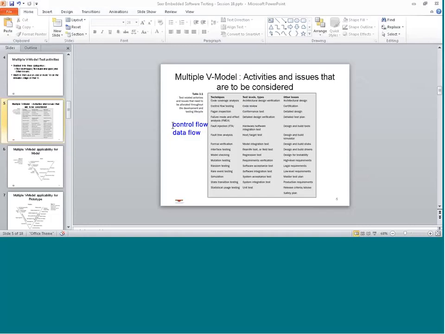Control flow is basically the way the program is controlled. The embedded software product is controlled in terms of the logic flowing down the entire system. Data flow is how the parameters of the data flow down throughout the structure.